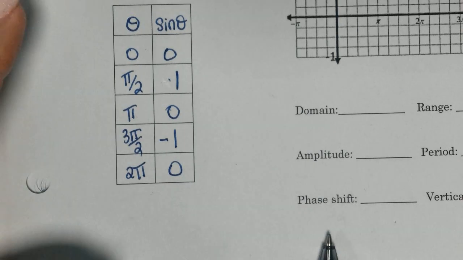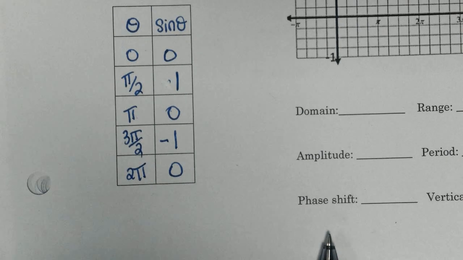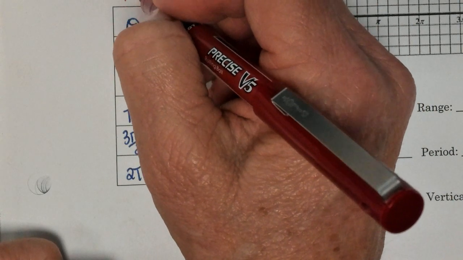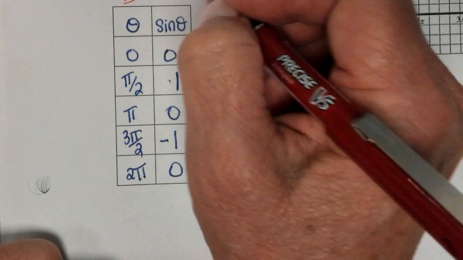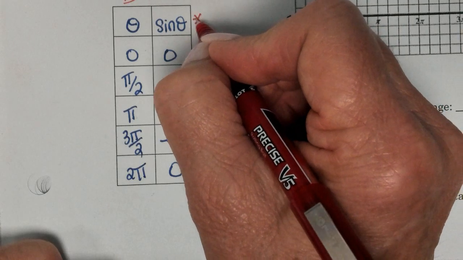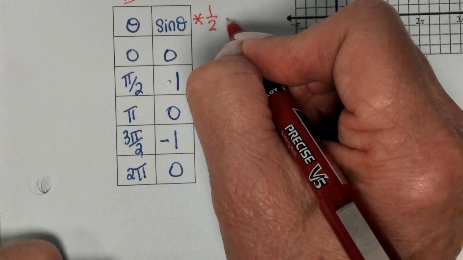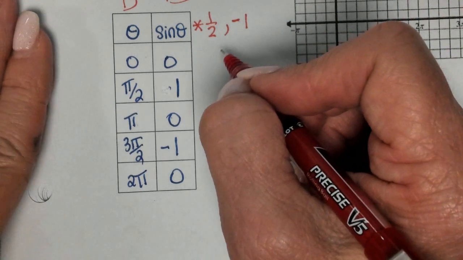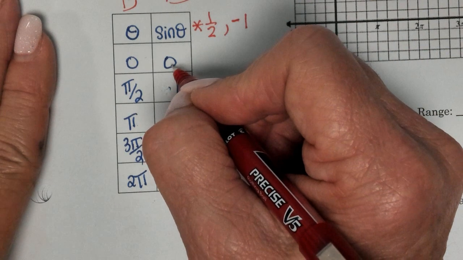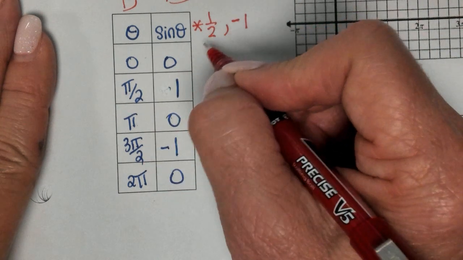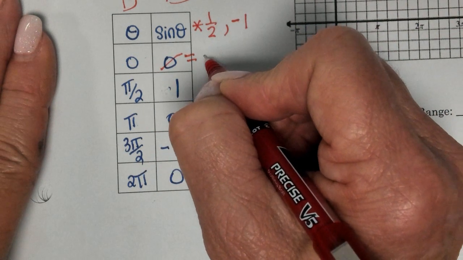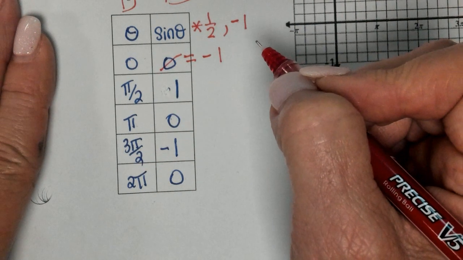Now, the changes that we're going to make to it, again, are all vertical because they are outside of the grouping symbols. The first thing we're going to do is multiply by 1/2, and then we're going to subtract 1. So when you start off with 0, 0 times 1/2 is still 0, minus 1, we're going to shift down to -1.